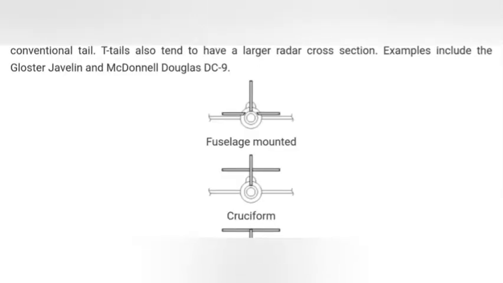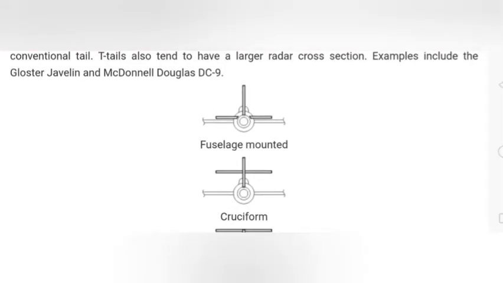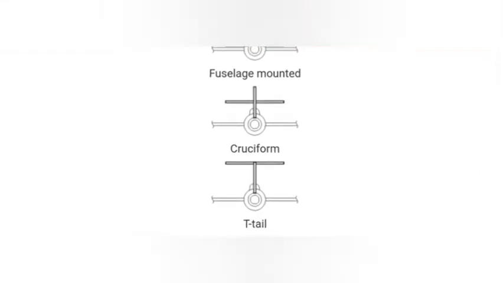This is the diagram showing fuselage mounted, the horizontal stabilizer at the top of the fuselage, and cruciform structure, horizontal stabilizer at the middle of the vertical stabilizer, and the horizontal stabilizer at the uppermost top of the vertical stabilizer.